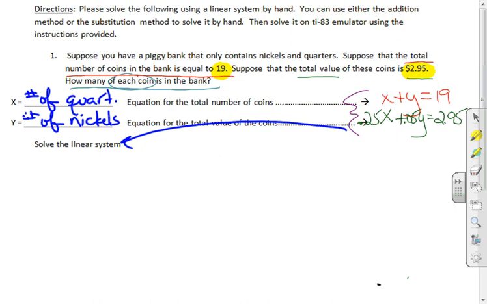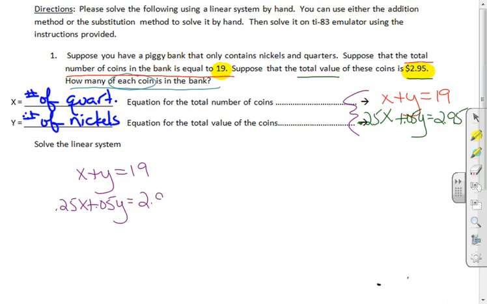Okay? So, to solve that, let me rewrite it here so I can work with it. I'm going probably to apply the addition method or the substitution method. Okay? Now this might get a little foreign for you guys. Some of you, I'm sure it's in your abilities that you're solid math people.